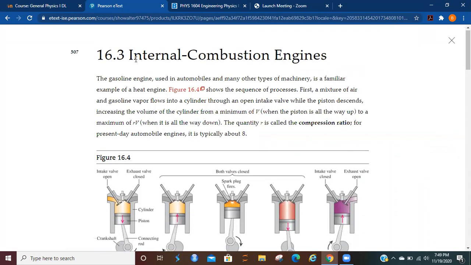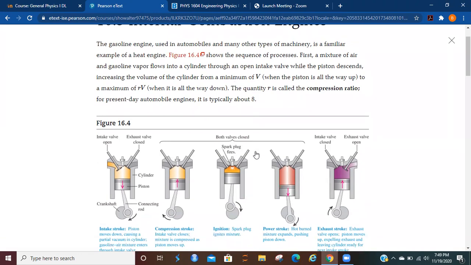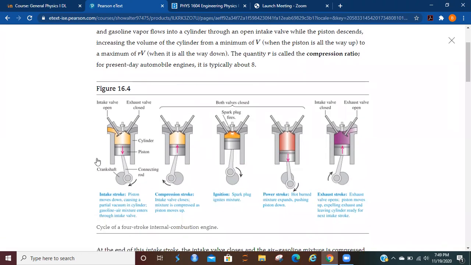All right. So internal combustion engines are going to be used in a lot of different types of machinery, automobiles especially. So we can see the diagram here of an internal combustion engine. We've got our intake stroke where the piston moves down, causes a vacuum, and your intake valve starts to open.